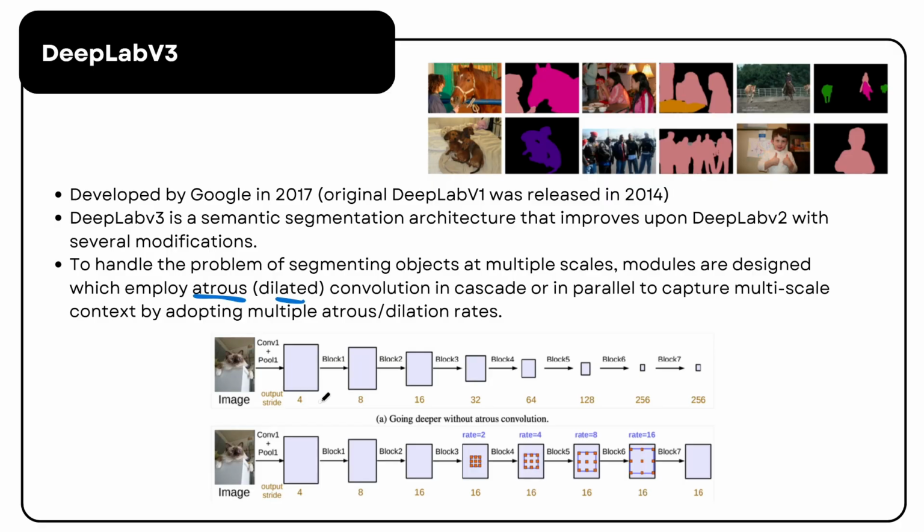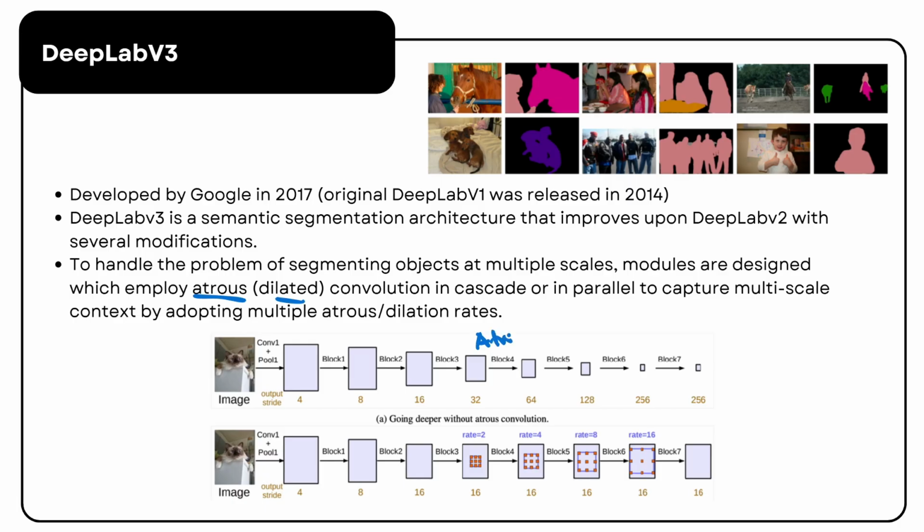For example, we have 2, 4, 8. It depends. Then they call this the atrous spatial pyramid pooling. If you look, it's like a pyramid.